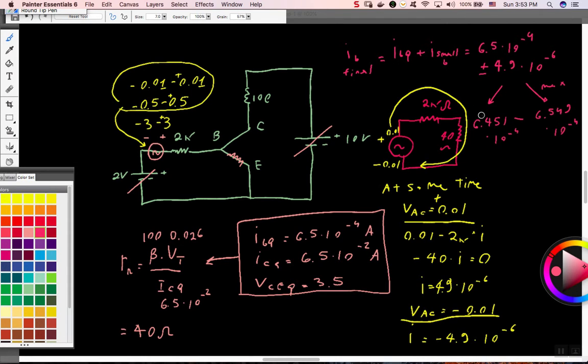But even after reducing the large signal, the final current does not go backwards. It's just that sometimes the small signal increases the current, sometimes it decreases, but it doesn't make the current reverse altogether. Very well. So this is IB final.